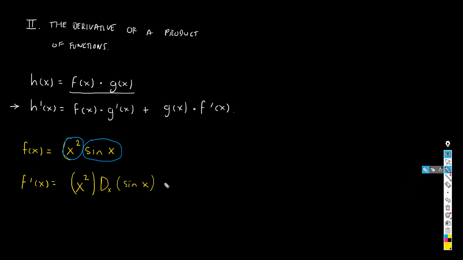Okay, let's continue. Plus, what does my rule say? Plus the second function, as you can see, which is sine of x, times the derivative of the first. So I write the derivative of my first function, which is x squared.